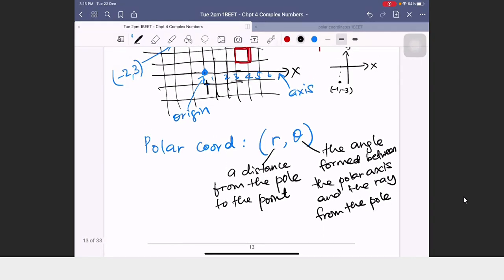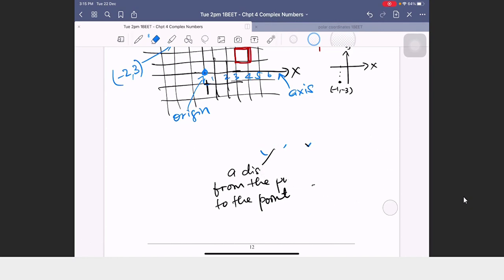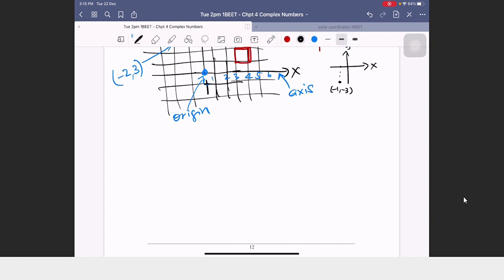I'm going to just erase this. I need space. Let's say we want to plot r, theta, so let's say plot 2 and then 30 degrees. Plotting 30 degrees means it's a polar coordinate because you have an angle there.